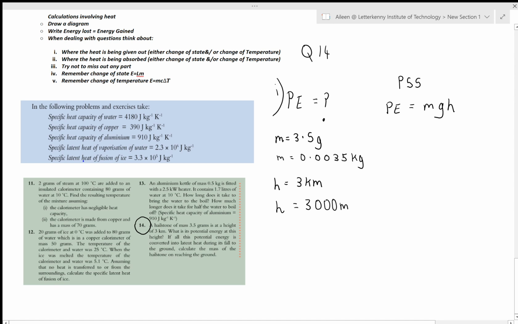So we have m and we have h. We also need g, our acceleration due to gravity. This is 9.8 meters per second squared. From this, I can find my potential energy, which is equal to 0.0035 times 9.8 times 3,000.